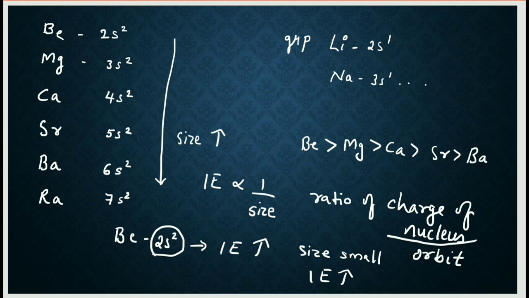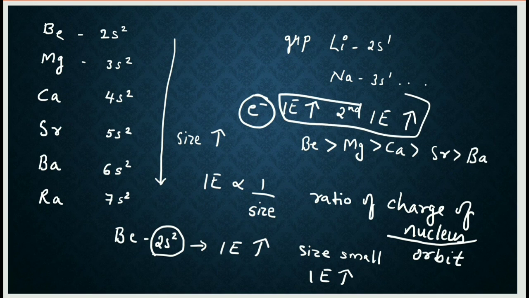So the electron will be strongly held by the orbit, which means it is difficult to remove this electron. So the ionization enthalpy will be greater. That means the second ionization enthalpy is higher for group 2 elements compared to group 1 elements.